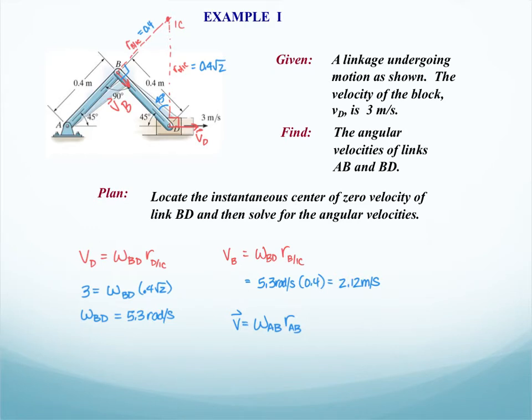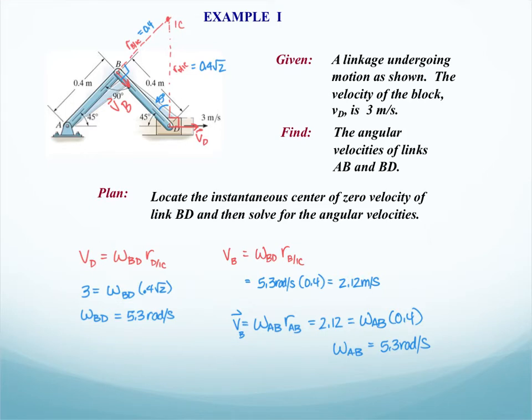And so now I know that the velocity of B I just found was 2.12, and that's equal to omega AB, which I don't know, times the length of RAB, which is 0.4, and now I can find omega AB, and that actually ends up to be exactly the same as the omega of BD. So the instantaneous centers would be kind of easy to use.